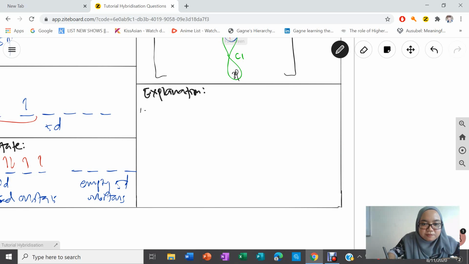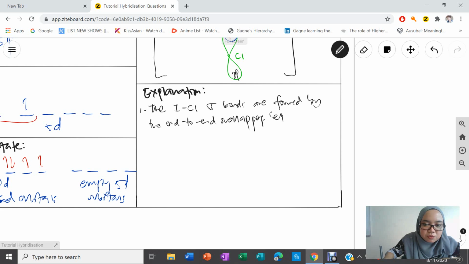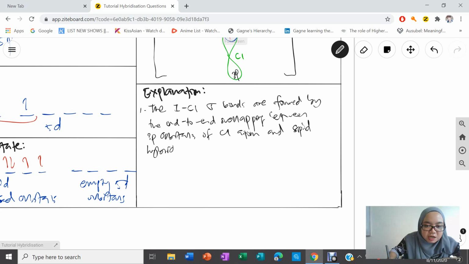So, one, the ICl sigma bonds are formed by the end-to-end overlapping between 3p orbital of Cl atom and sp3d hybridized orbitals of I minus ion.